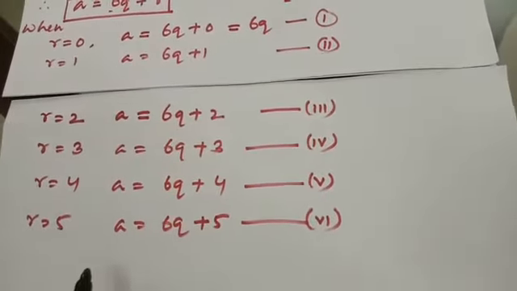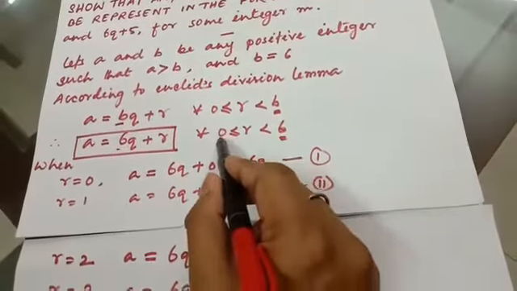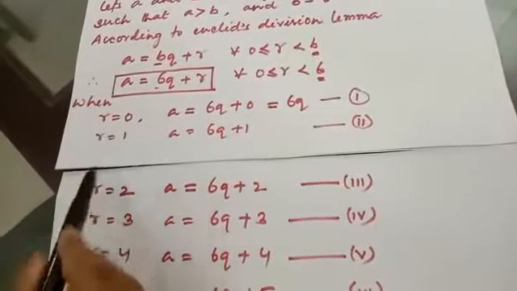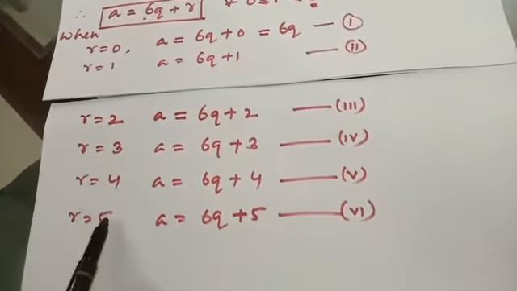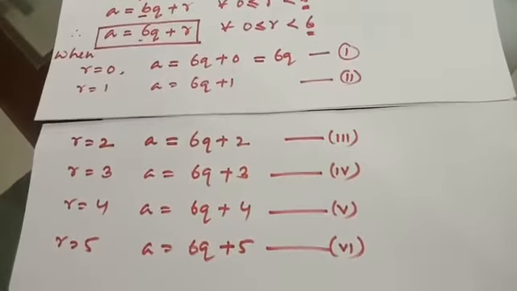Now you know that the value of r is from 0 to 5. So we are taking first r equal to 0, then 1, then 2, then 3, then 4, then 5. We cannot take r equal to 6 because r is less than 6.